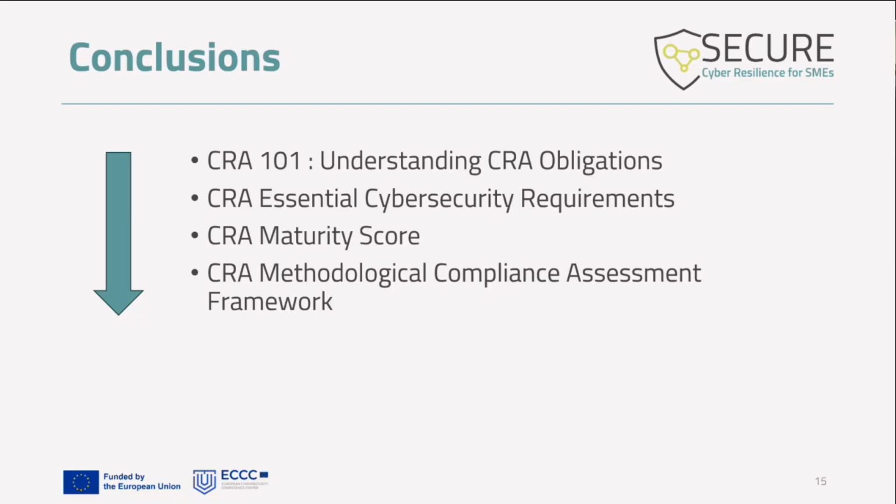The CRA maturity score tool to assess your level of cybersecurity and compliance with the CRA. And finally, the CRA methodological compliance assessment framework to help you in your way to comply with the EU Cyber Resilience Act with a structured self-assessment methodology and governance framework.